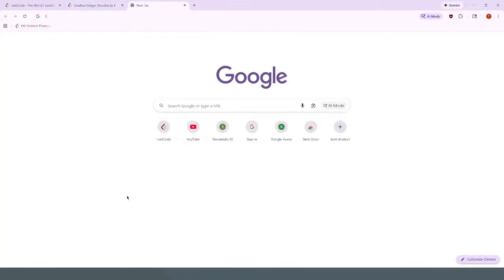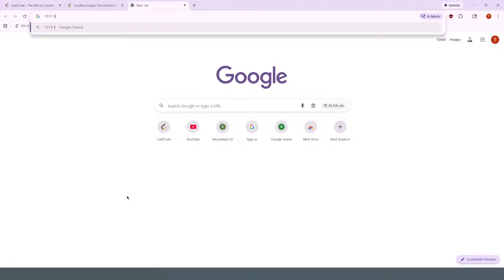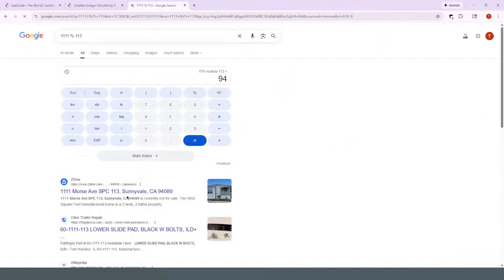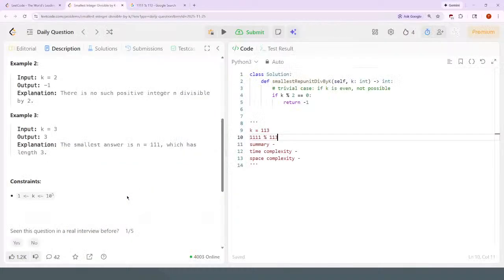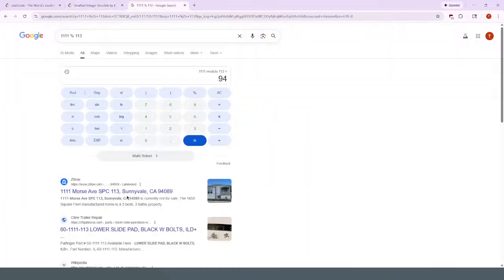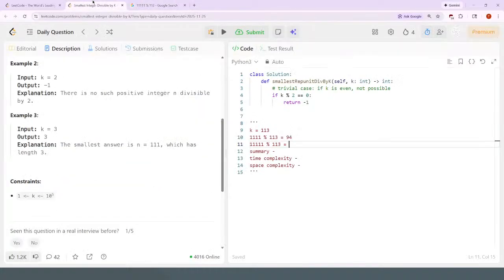What is that? 94. And then 1111 mod 113 is 37. So eventually it needs to be 0.